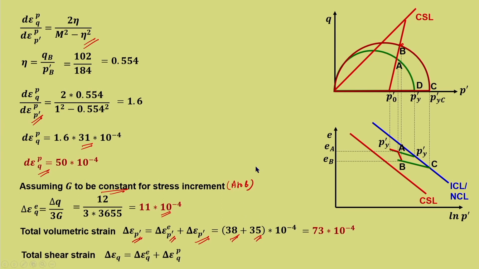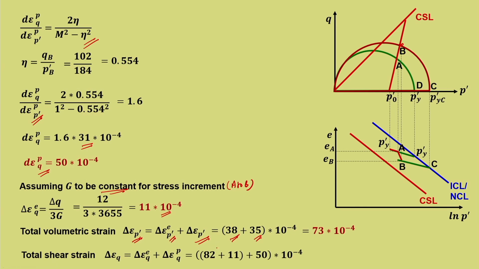Now, total shear strain is equal to delta epsilon Q, which is equal to delta epsilon QE plus delta epsilon QP. Now, the plastic portion comes only from the portion A to B, the remaining is elastic strain.